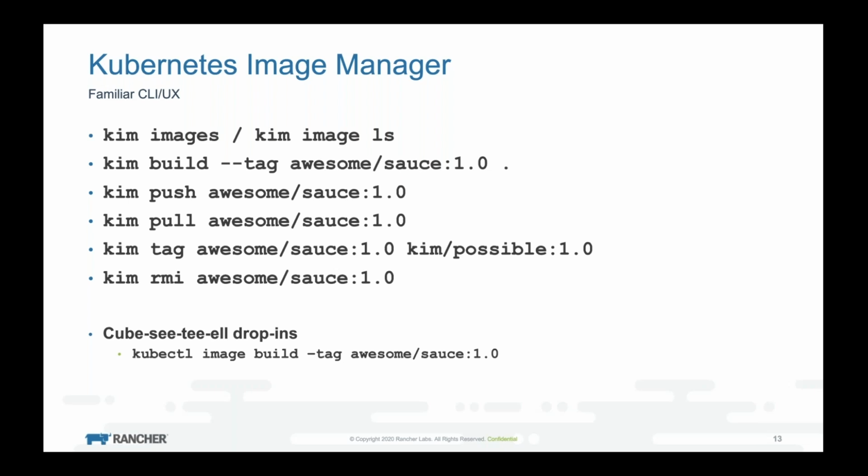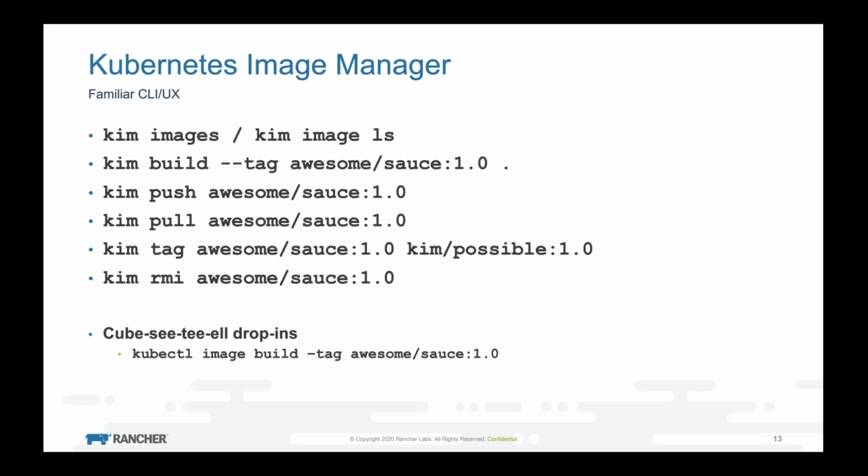And oh, by the way, we also have implemented Kim as a kubectl drop-in. If you symlink to Kim or rename it as kubectl-image, then you can run kubectl image, and you can do build and tag and push and pull and RMI and all that good stuff. And you get now the same familiar CLI UX, but with kubectl, and it feels more native to that experience.